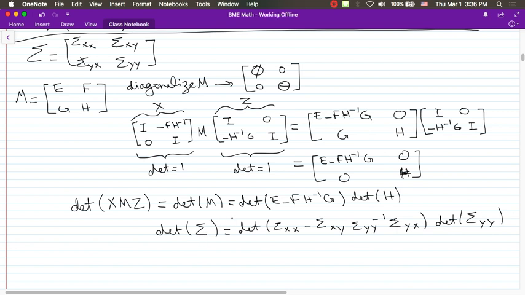Because that's in the denominator of the normalization of the normal distribution. So for me to factor out P of y, I have to be able to factor the determinant of the variance-covariance matrix. I just did it. The determinant of the variance-covariance matrix is the determinant of these elements times the determinant of the variance of y. That's pretty cool.